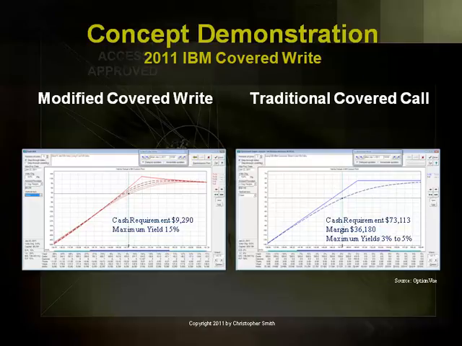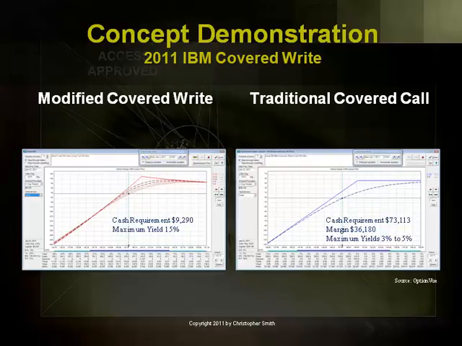Now, you don't want to get too carried away with the idea that you're making this 15% yield on IBM using the covered write versus the more traditional covered call. This assumes that we've basically got a $10,000 position versus a $100,000 position.